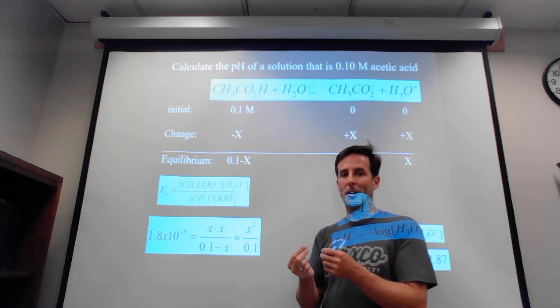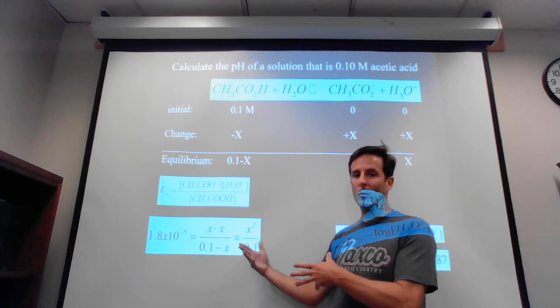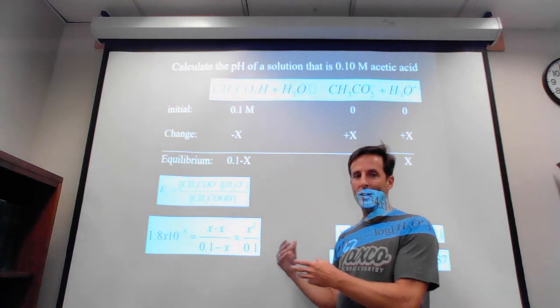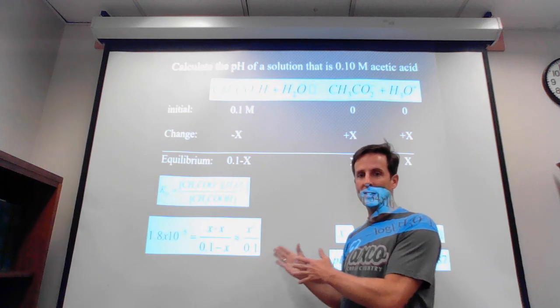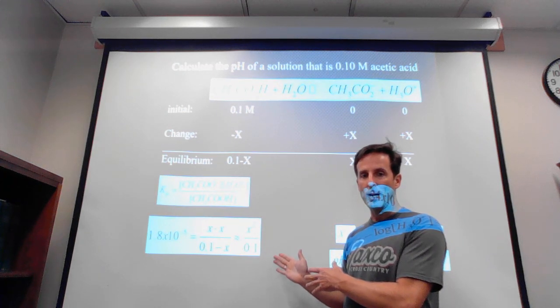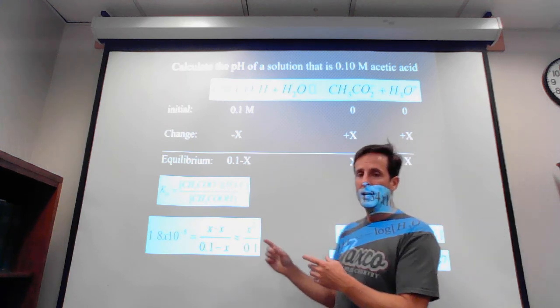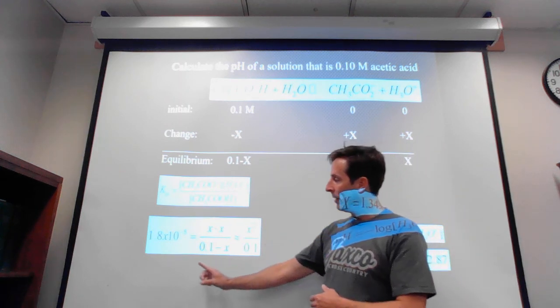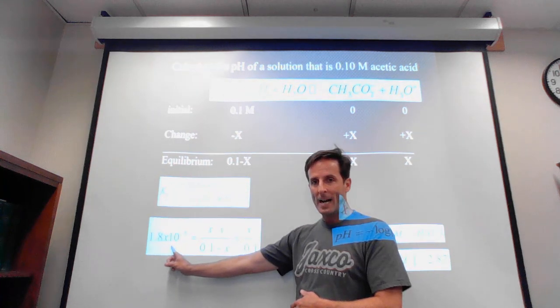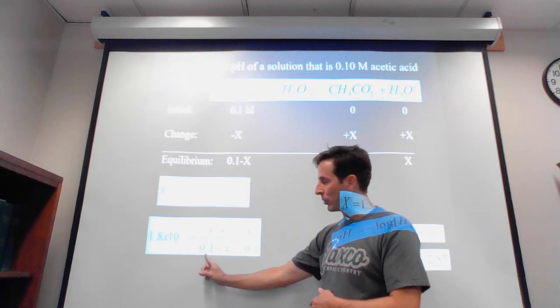So then we have to think about, when can we do it and when can we not? How do I know if the assumption is going to change the answer too much? We have a rule of thumb that we apply. The rule of thumb is that we're going to compare the value of Ka, of the acid, and the initial concentration.